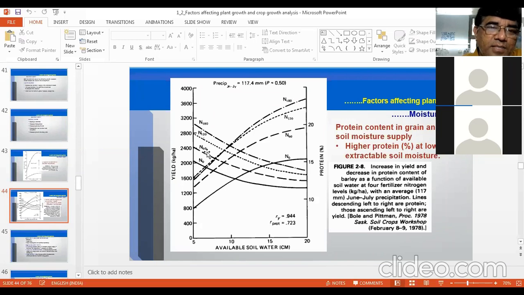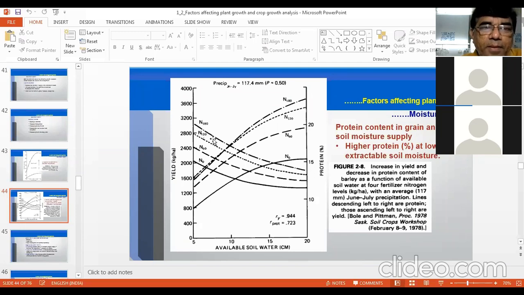Now see the other lines from the left side to the right side. They are falling down. You got 4 lines, and they are falling down. They are representing the protein content. You can see the protein content is highest when you have nitrogen 180 across the different supplies of water.